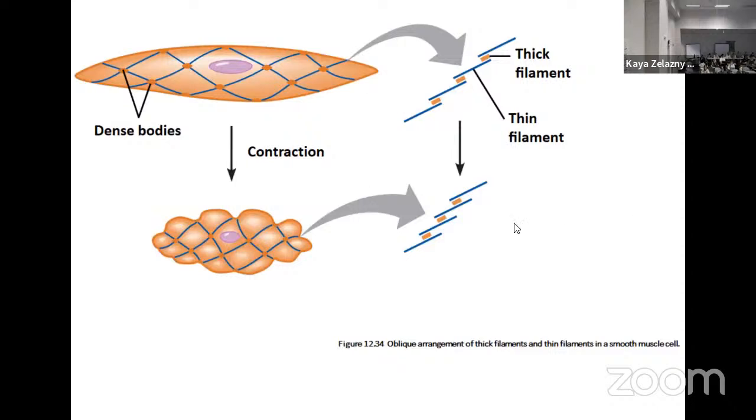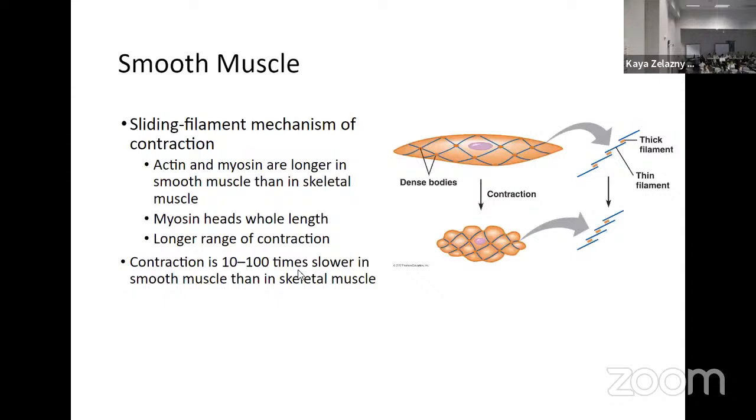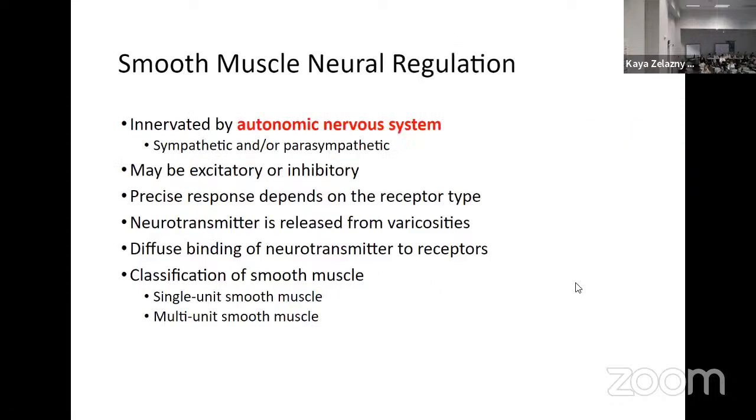Here you can see some pictures of that contraction. Okay. We are going to skip this part of the smooth muscle, but this contraction is slower in smooth muscle. Okay. Autonomic nervous system means sympathetic or parasympathetic, as I said before. And neurotransmitter is from varicosities. That's where we're leaving that.